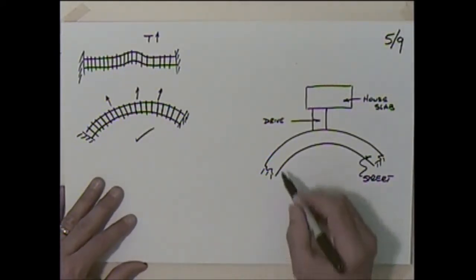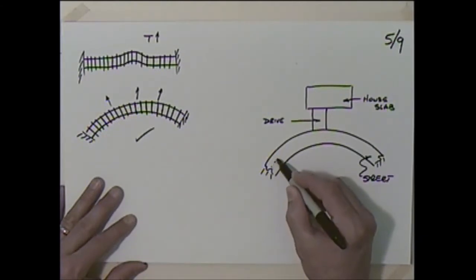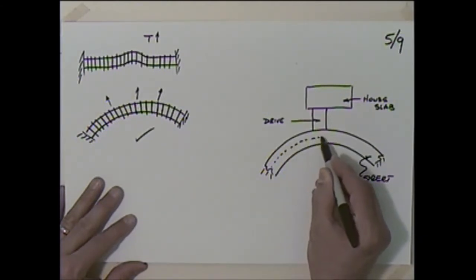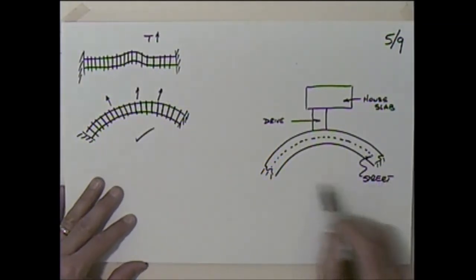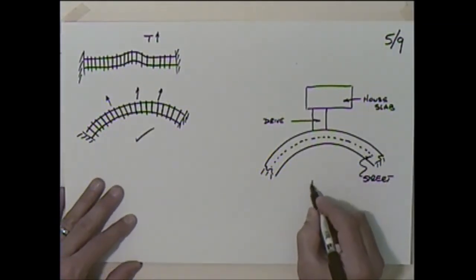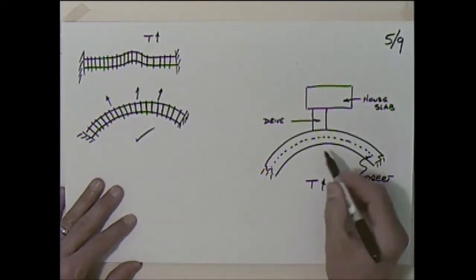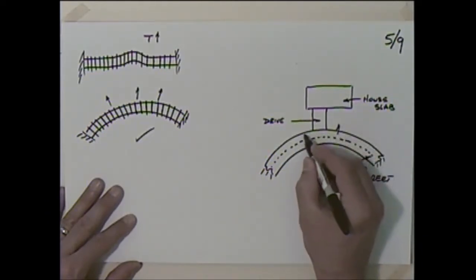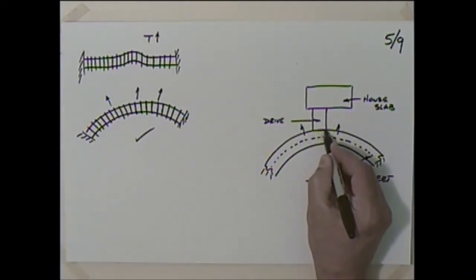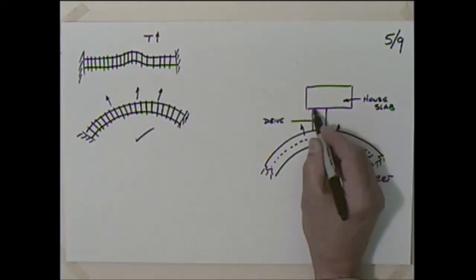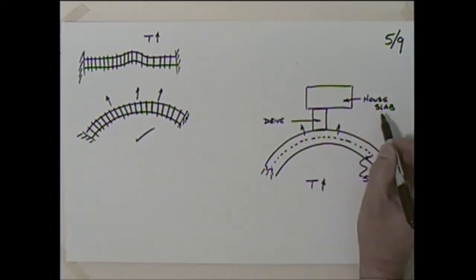So they had a scenario where you had a street in a neighborhood, and this street was on a curve, and as the temperature heated up, this street tended to push out this way just a little bit, and the driveway was then bearing against the street, which was bearing against the house slab.